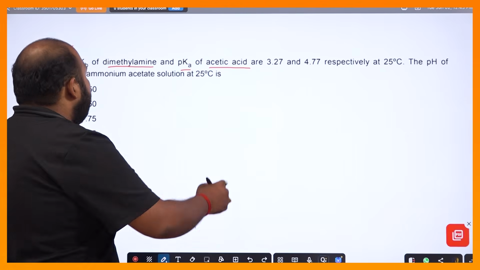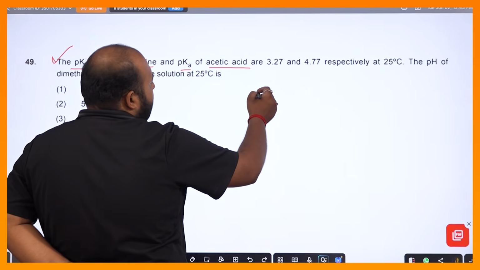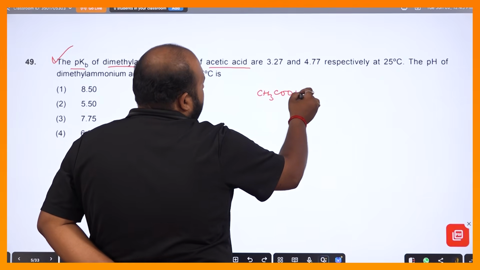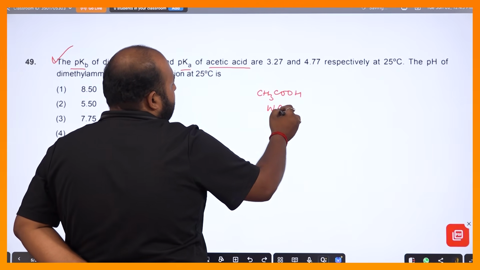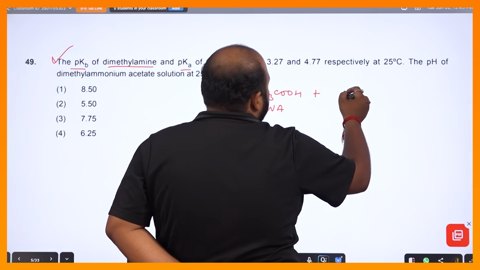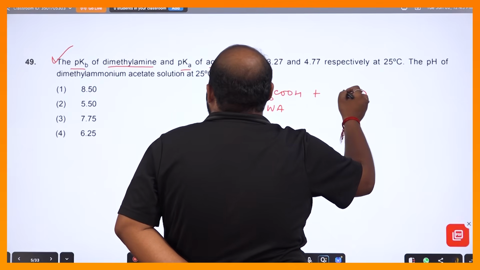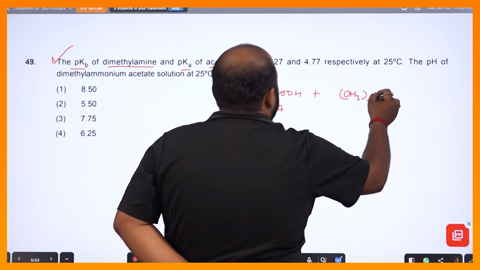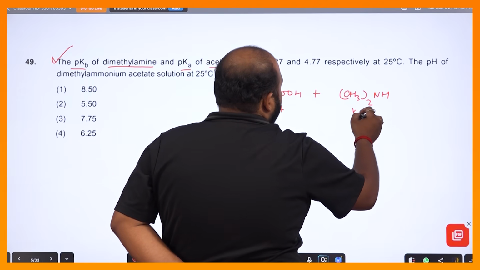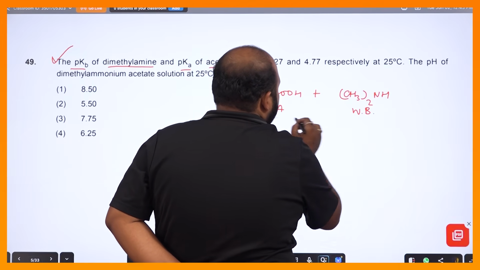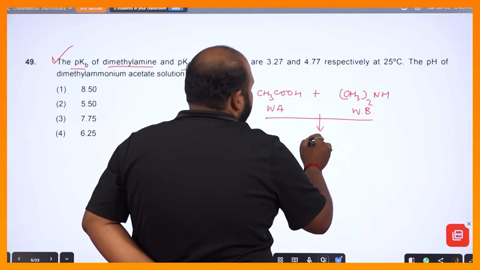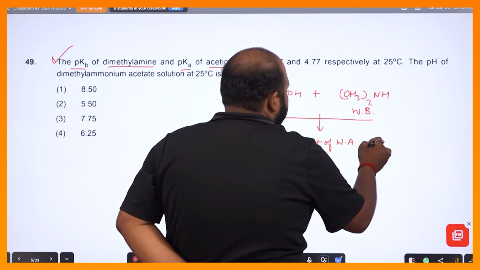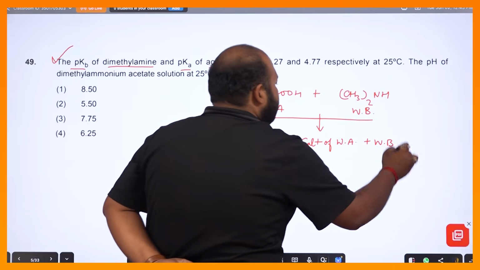So you know that this is a case where a weak acid and a weak base are involved, and the solution will be a salt of weak acid plus weak base.